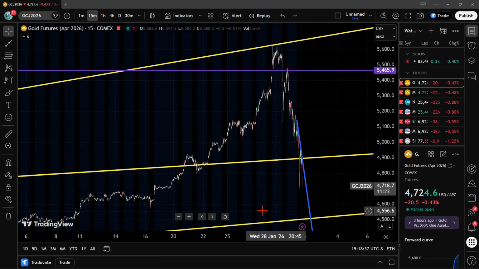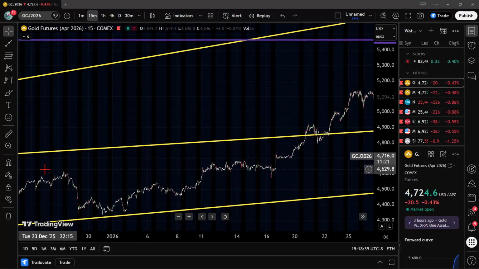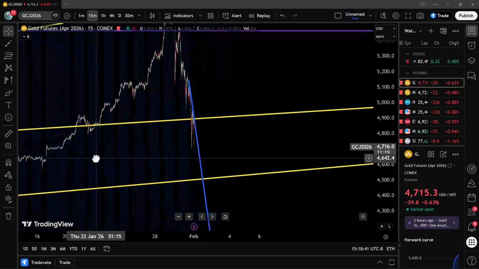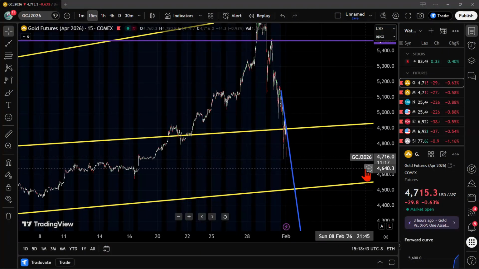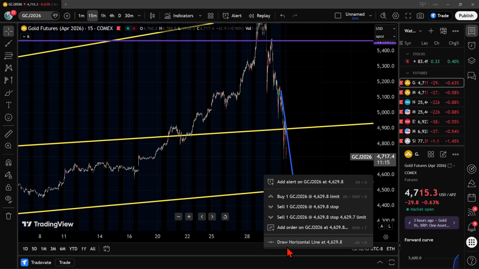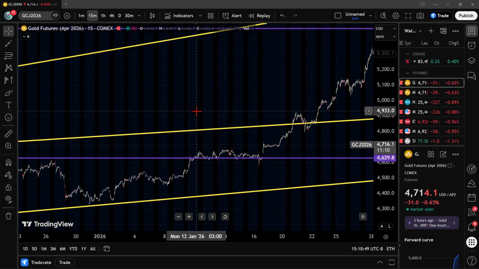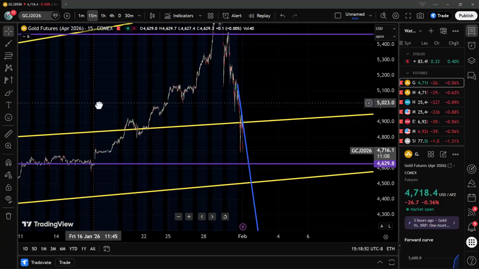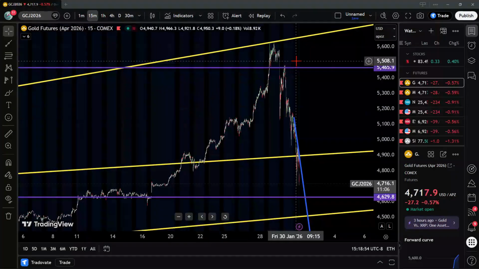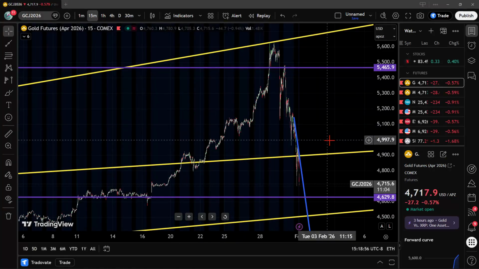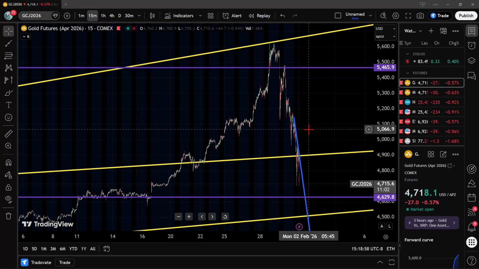As you can see, we have this area right here. This is probably volume area low. So, we'll mark that off, and this is probably volume area high.